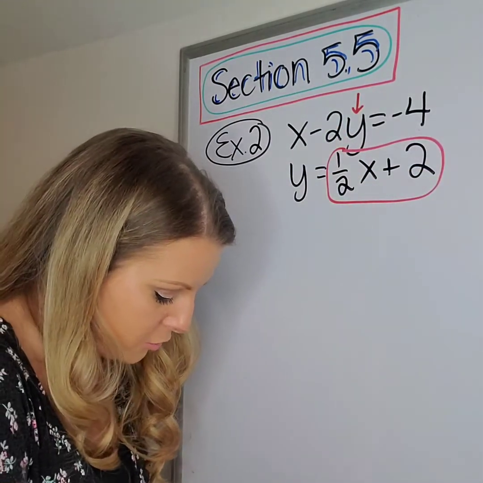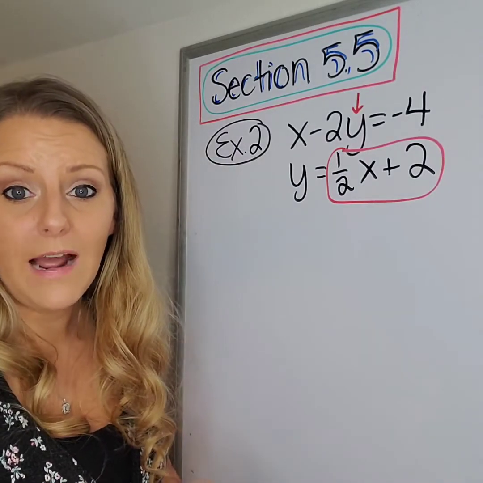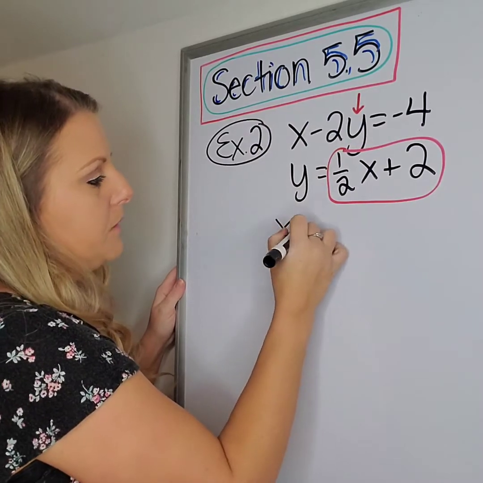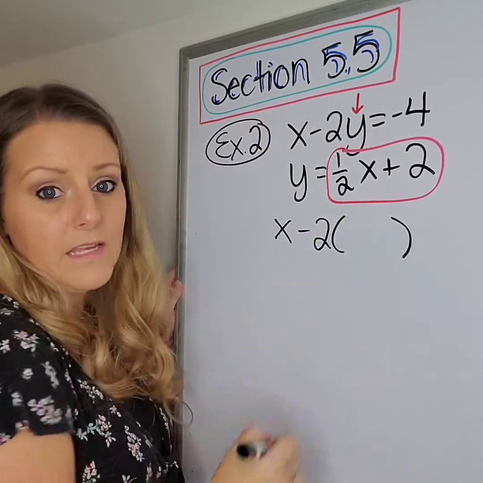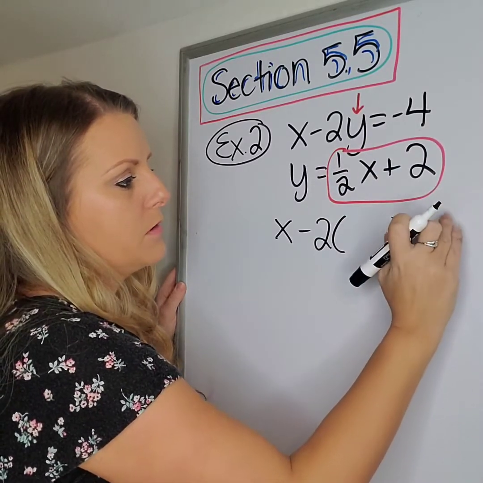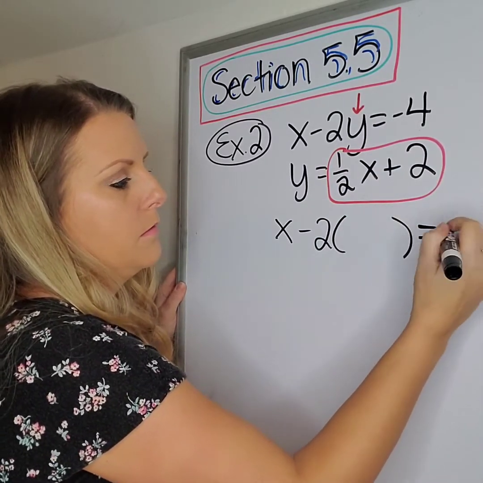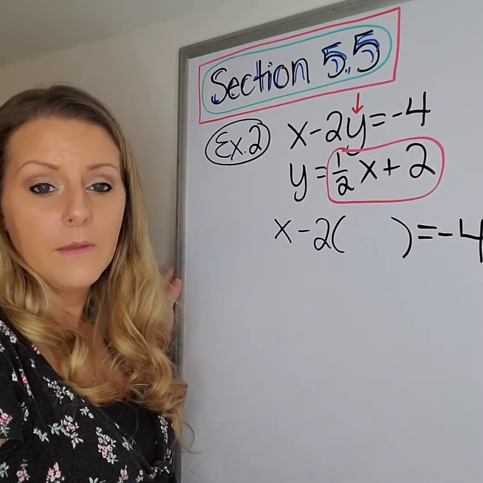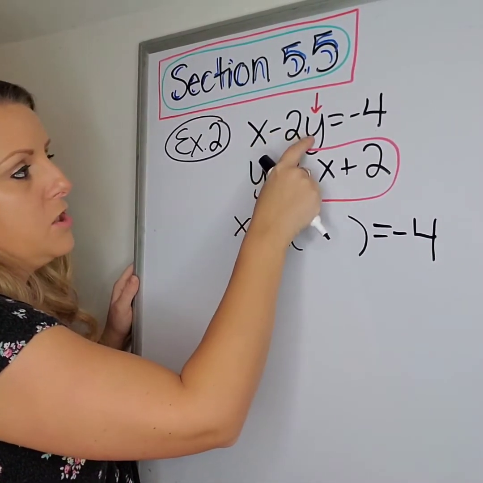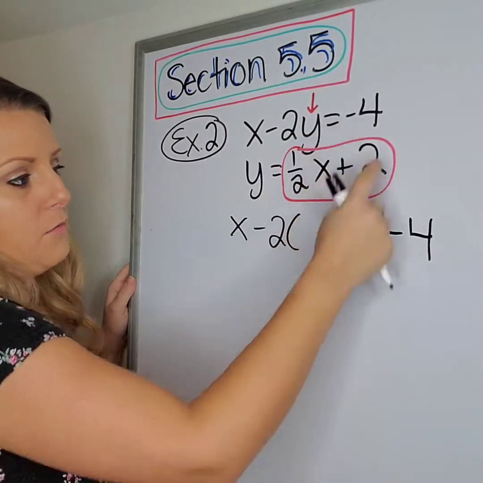So I'm going to write my first equation out, but leave a big blank where the y is. So x minus 2y, leave a big blank, equals negative 4. Okay, so x minus 2y, left a big blank, equals negative 4.